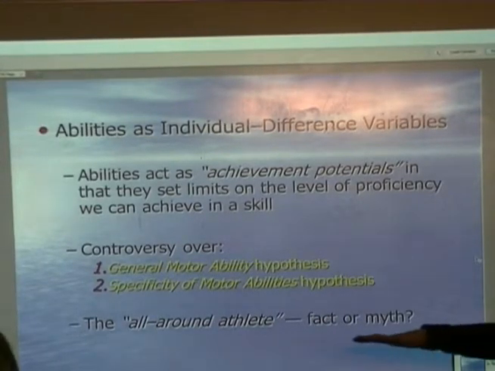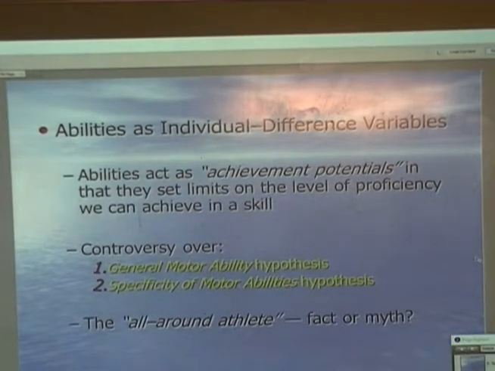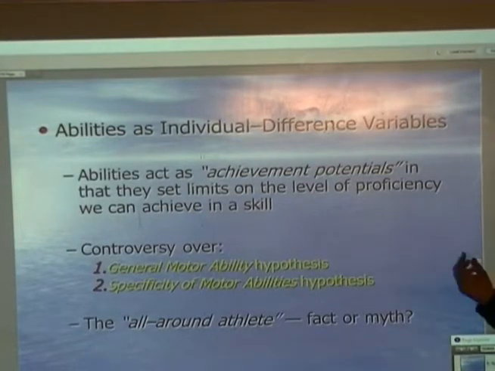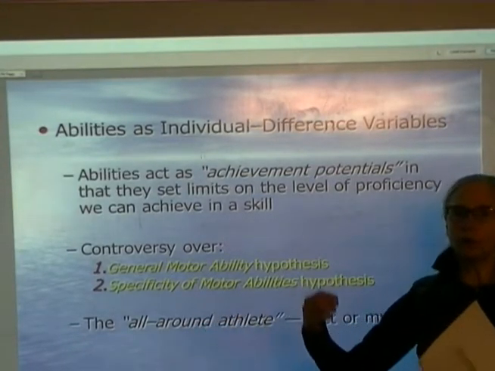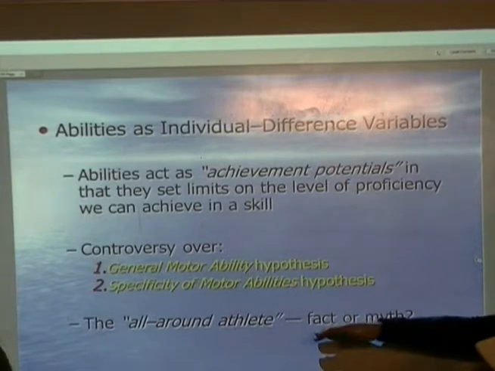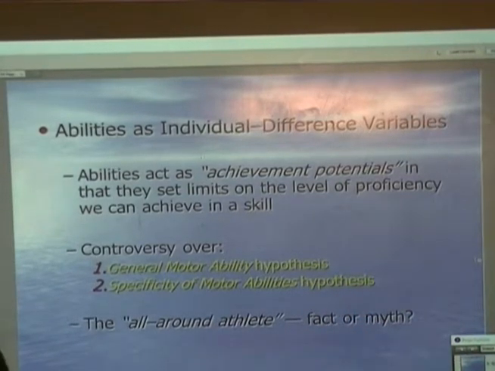And so there's been a lot of discussion about the idea of an all-around athlete. So we even have world championships and Olympics, specifically for an all-around athlete, right? We have decathlon. This is someone who has lots of motor abilities and they're pretty good at lots of different things. But if you actually look, in decathlon they have to run 100 meters.